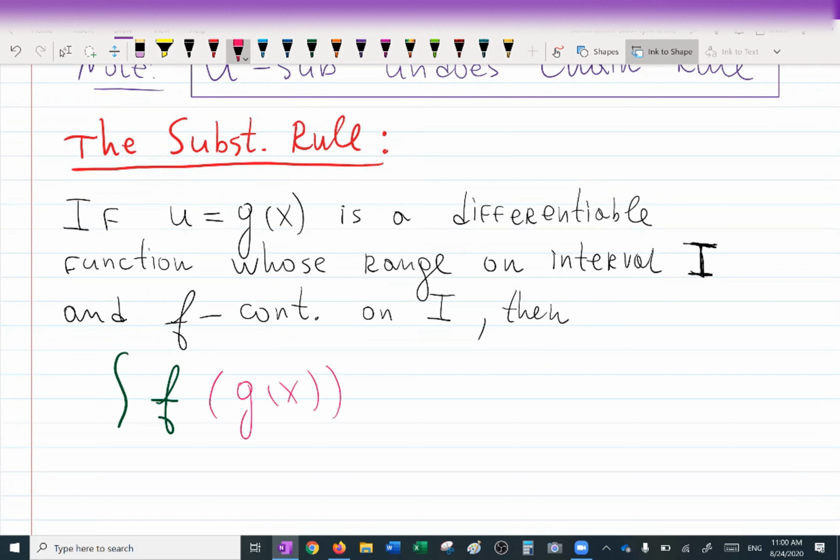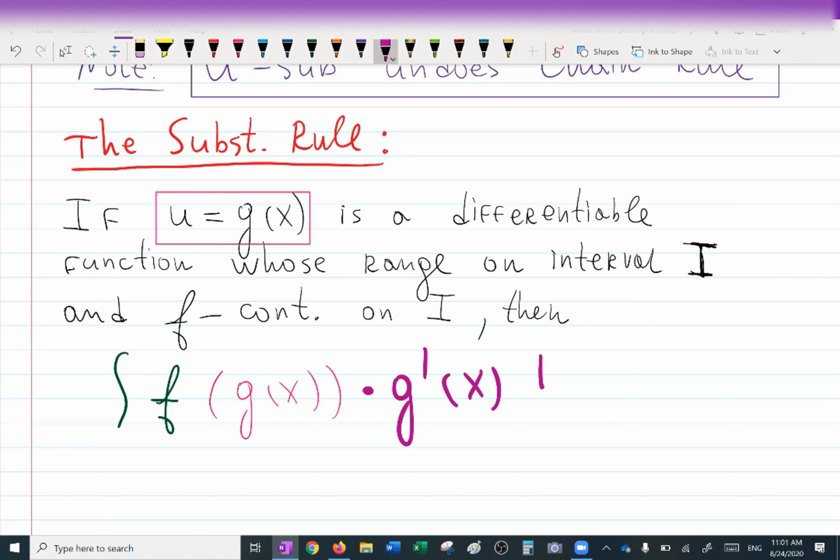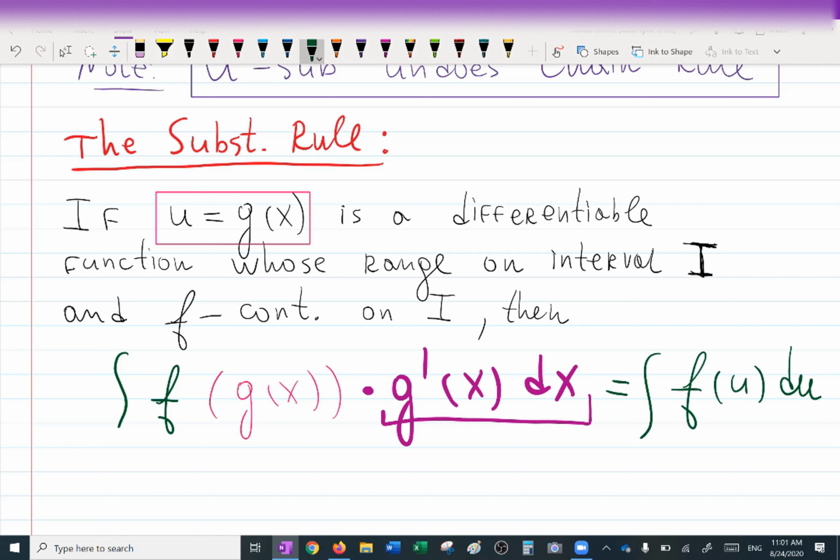That's exactly what this notation means. u is g of x, so g of x is whatever I call u as a u substitution, times g prime of x dx. That is the piece which we called du, I'll point out in a second. Equals integral, and the integral becomes simple: f of u du. So from a complicated integral into a simple one.